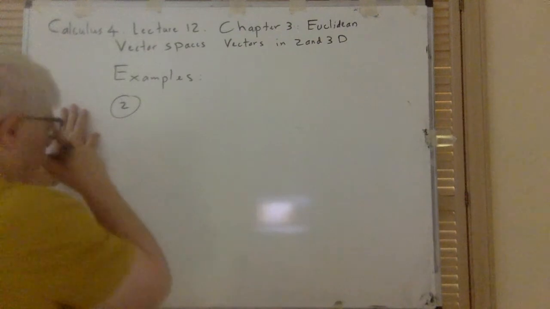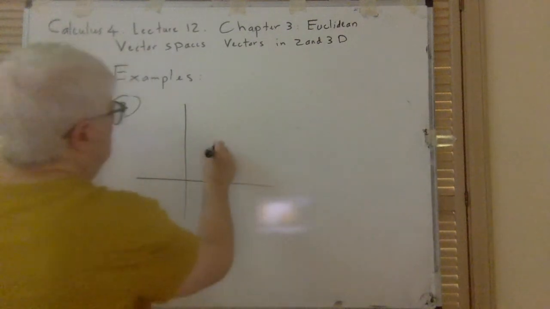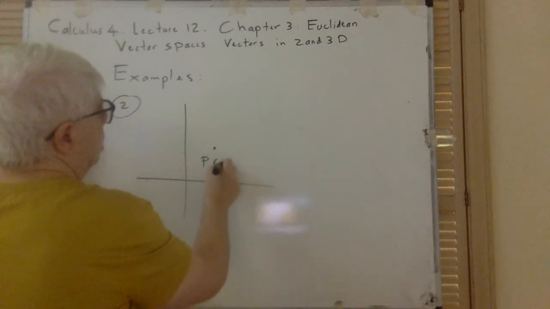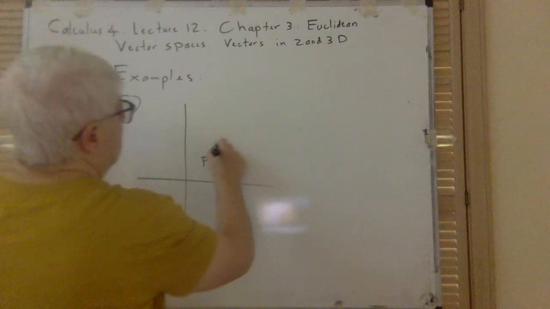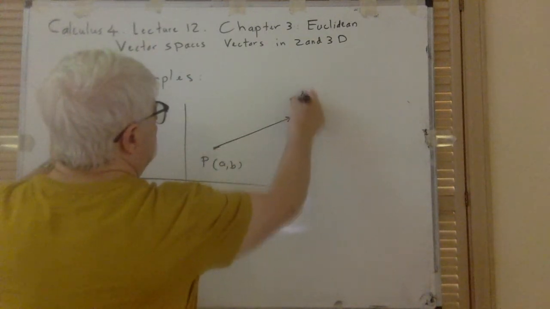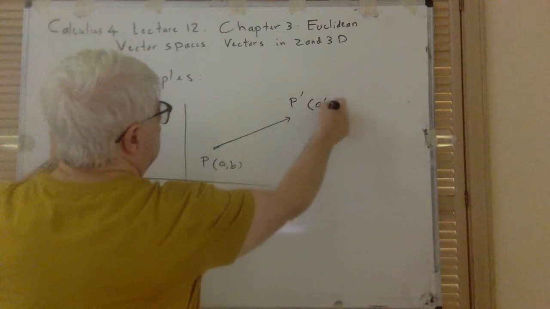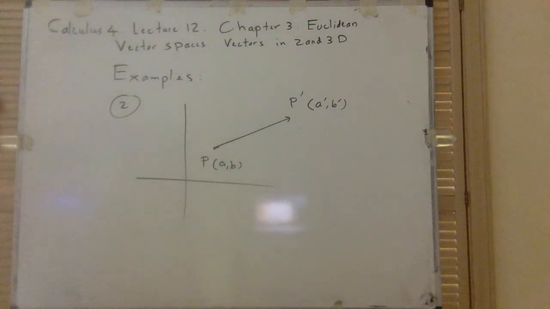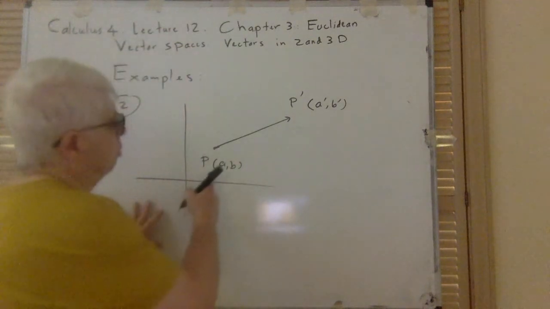Now, example 2: let's say we have point P with coordinates, say, A and B, translated to point P prime with coordinates, say, A prime and B prime. So we just know how one point is translated. And let's say that we are translating every point in the plane. So the question is, what is the vector that has done this translation? Okay, so what's going on?